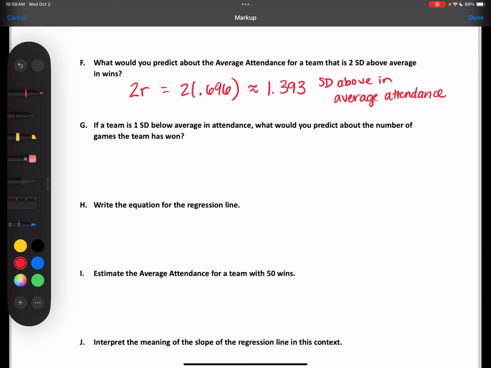So this one's the same type of deal: 1 times R, or 1 times 0.696, which is 0.696 standard deviations below average in number of wins. Now, you can put -1 to know that it's below so that you remember to go back, but we can't say -0.696 standard deviations below. It's got to be one or the other.